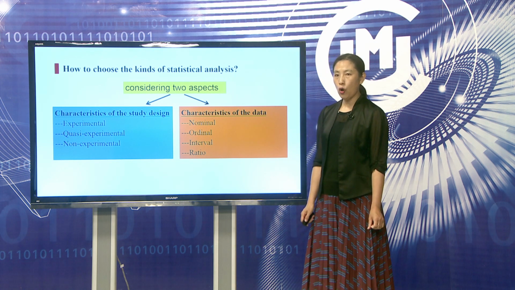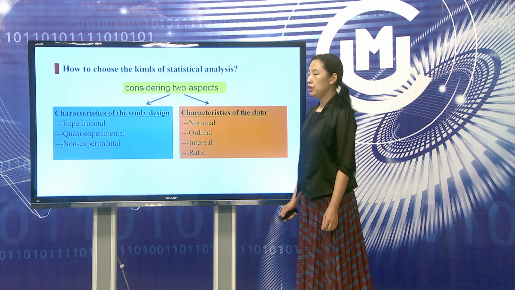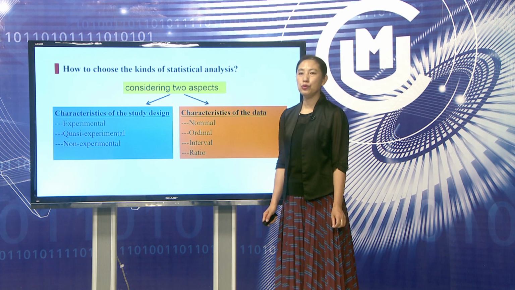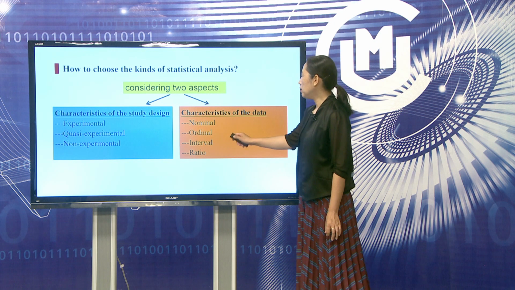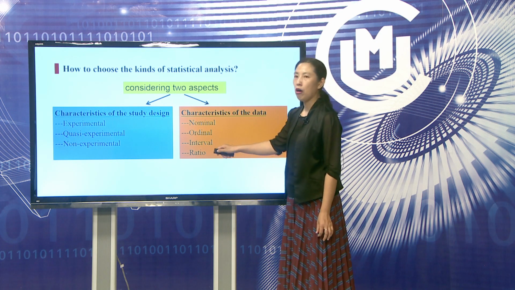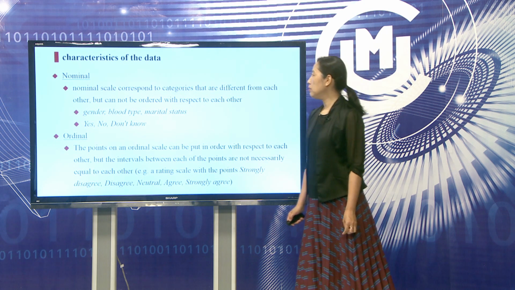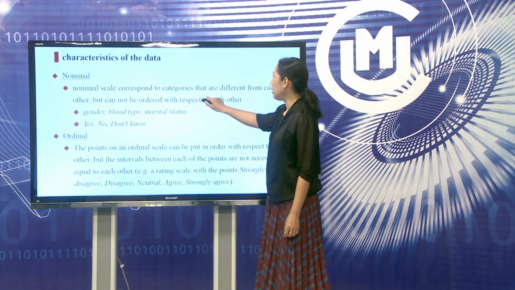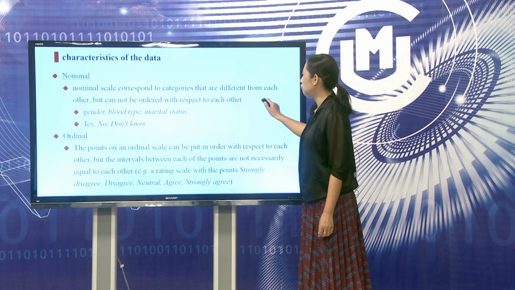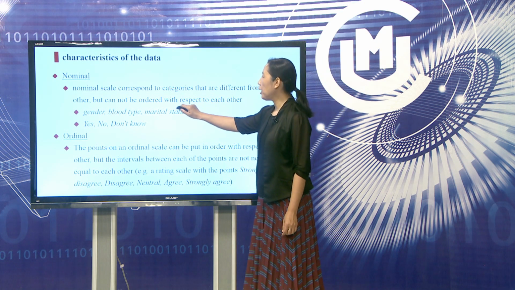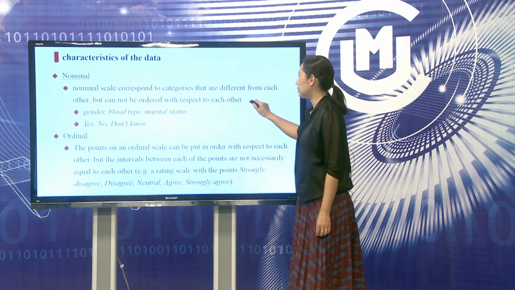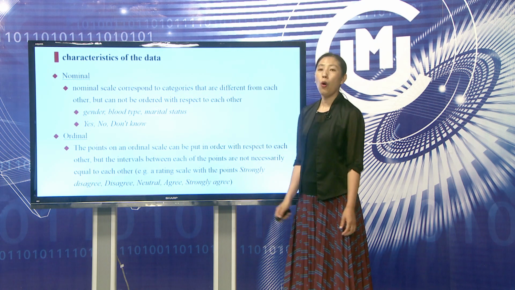In quantitative research, we usually divide the data into four types: nominal, ordinal, interval, or ratio. So what's nominal data? Nominal scale corresponds to categories that are different from each other but cannot be ordered with respect to each other. There's no order.